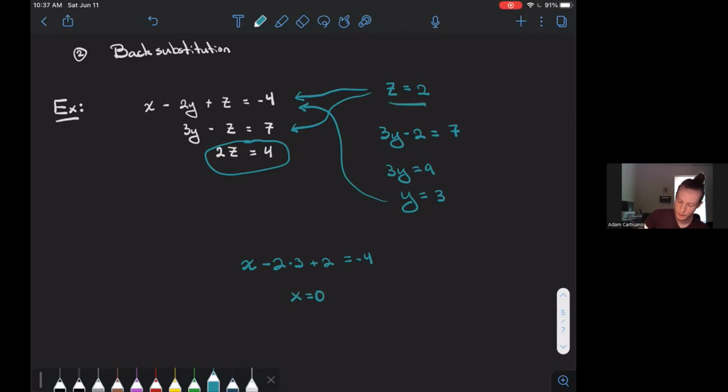So if x equals 0, y equals 3, and z equals 2, then the unique solution is (0, 3, 2).